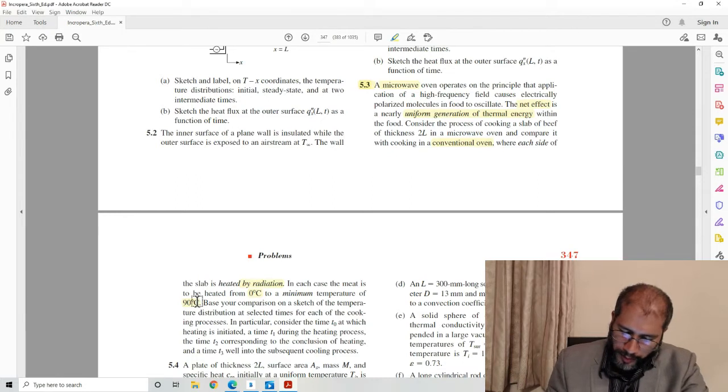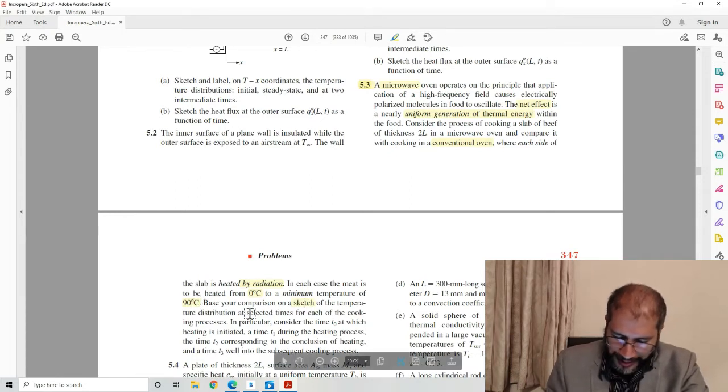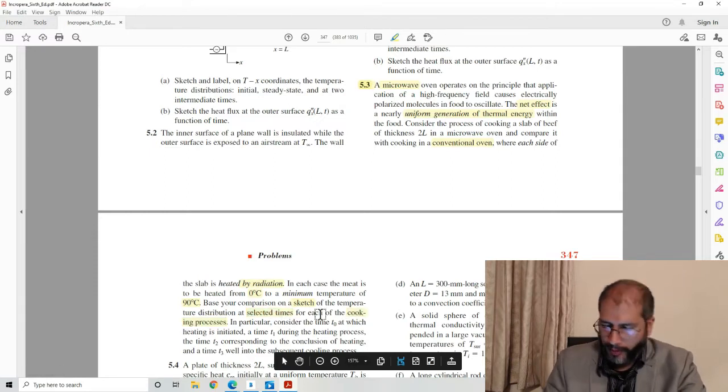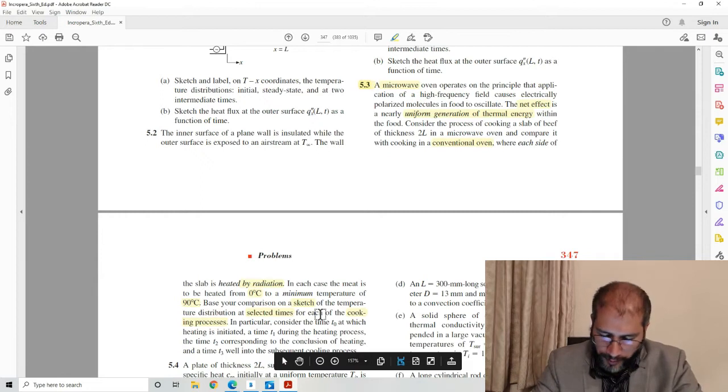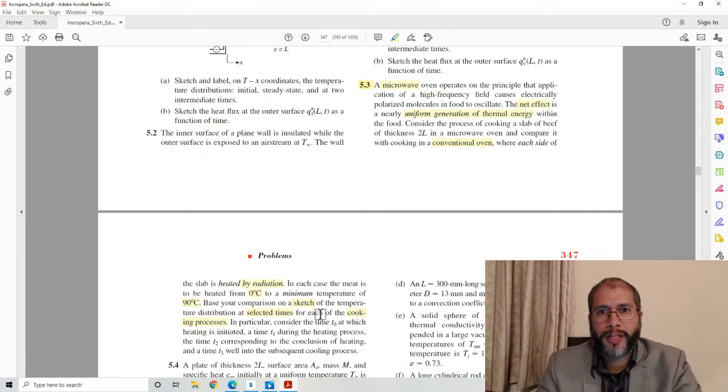Okay, so what we have to do is sketch the temperature distribution at selected times for each of the cooking processes. So for each of the two processes we have to roughly sketch the temperature profiles in the meat layer.